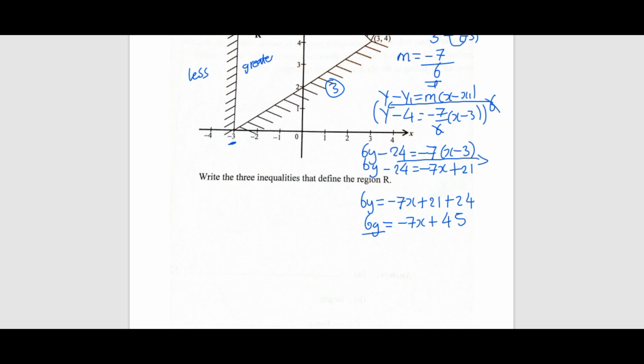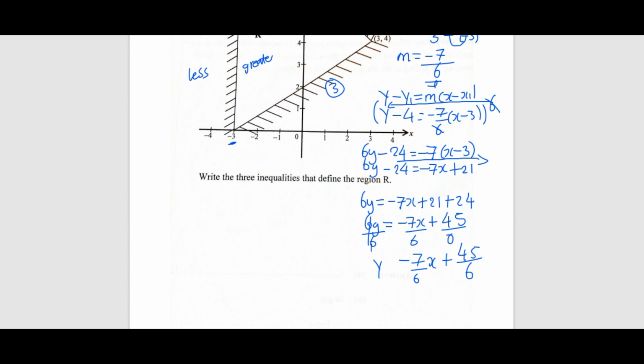So we can now divide by 6, even here by 6, also here by 6. So y is equal to negative 7 over 6x plus 45 over 6.